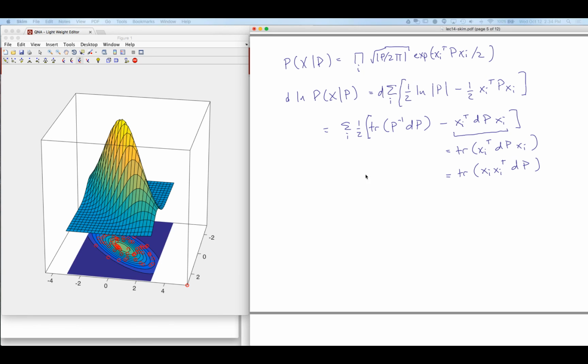And then this whole thing is equal to, trace is linear, so this is the sum over i of 1/2 trace of P inverse minus xi xi transpose, dP.